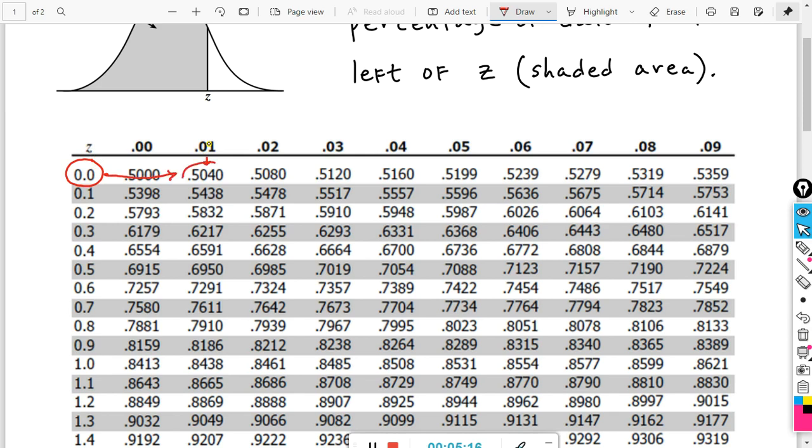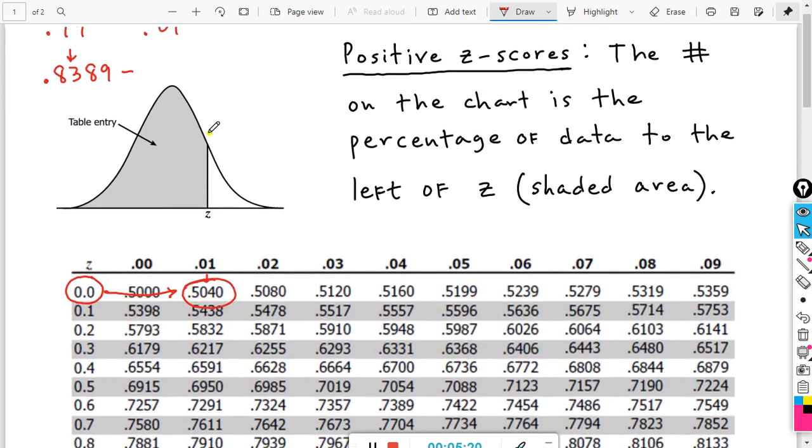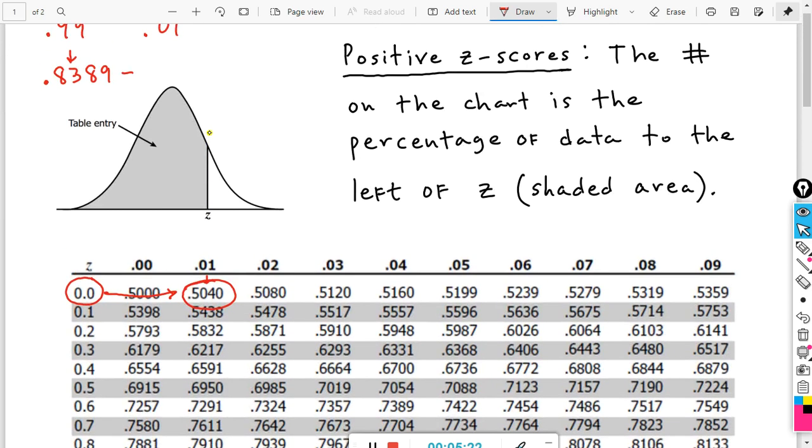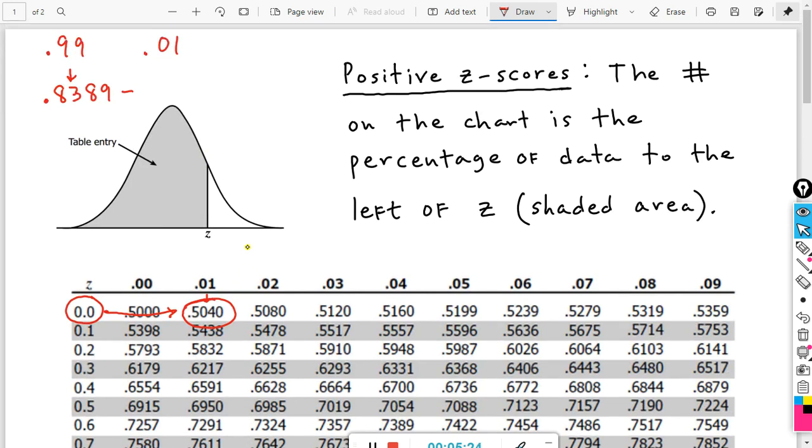You see where they meet? That's 0.5040. Okay, so for this value right here, 0.5040. Okay, so basically this just tells you the area to the left of the z-score, and we're going to subtract these two. Okay, and I got 0.3349.